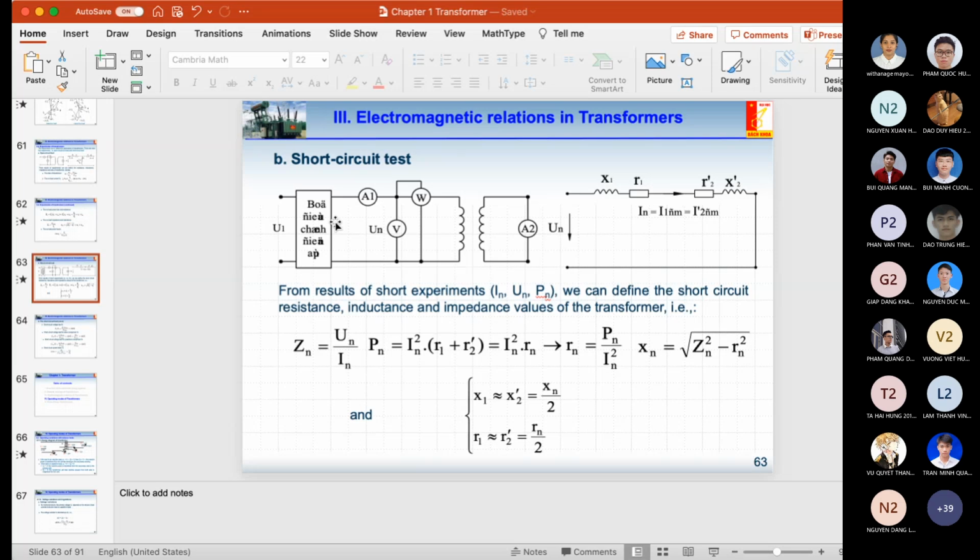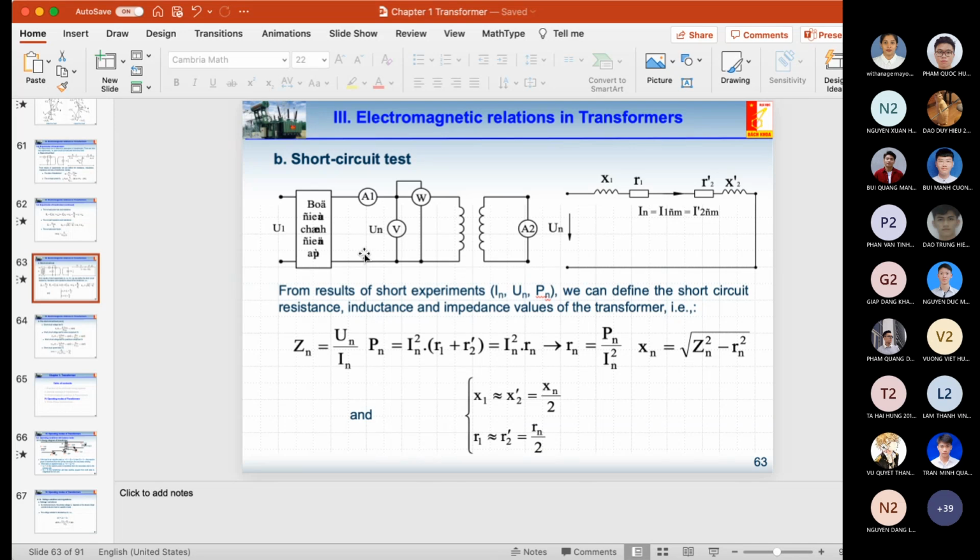We use the auto transformer to change the input voltage of the experiment transformer, because otherwise the input is connected directly to the electrical system of our university at 380 volts.